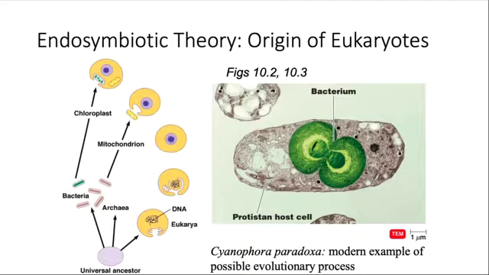A current example is Cyanophora paradoxa, which is made up of a protist cell with a bacterium that lives within it symbiotically, and it gives more credence to the endosymbiotic theory, that at a point in time a regular cell, which was just like a bacteria, formed a membrane around its nucleus over time, and eventually engulfed aerobic bacteria, which became mitochondria, and then a cyanobacteria, which became chloroplasts.